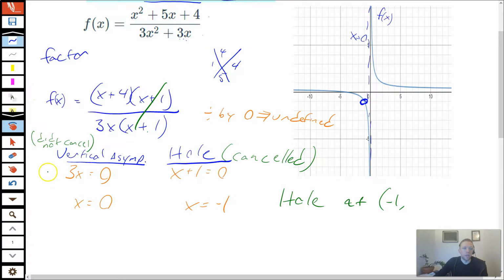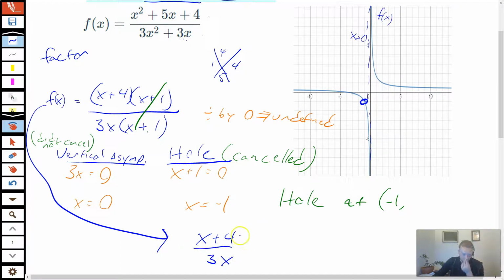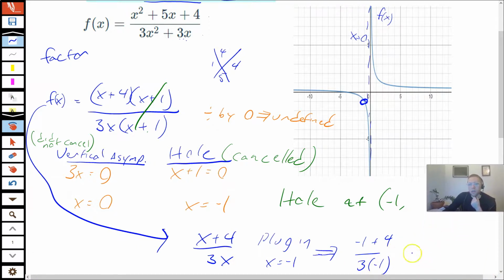So to check that, what I can do is bring down my function f, but just what's left over after I've canceled out those terms. So x plus 4 over 3x, because my x plus 1's canceled out, right? And then I'm going to plug in negative 1. I get negative 1 plus 4 over 3 times negative 1.